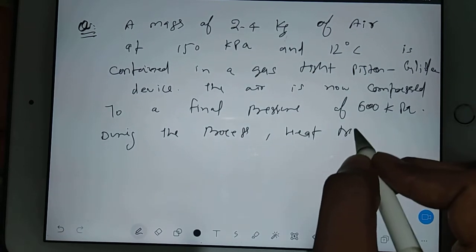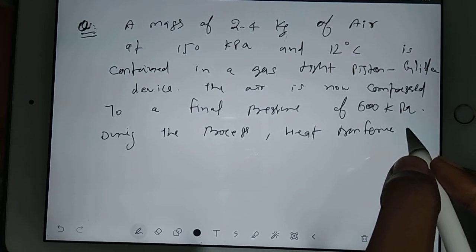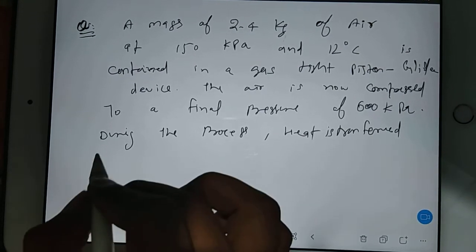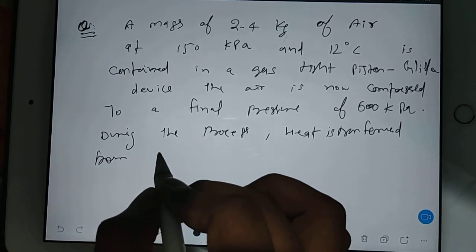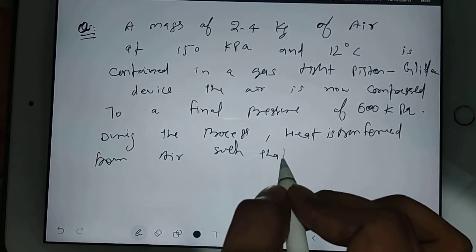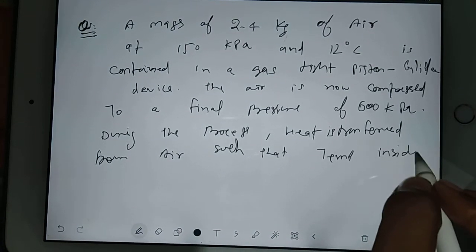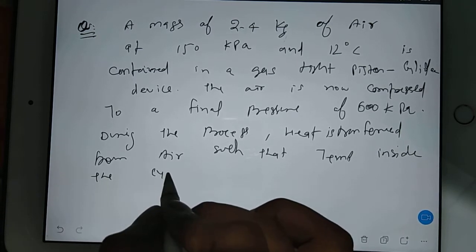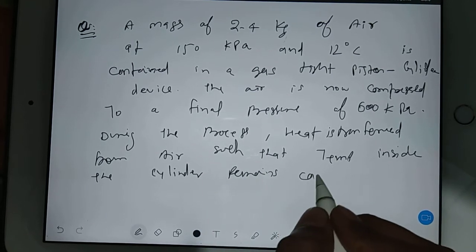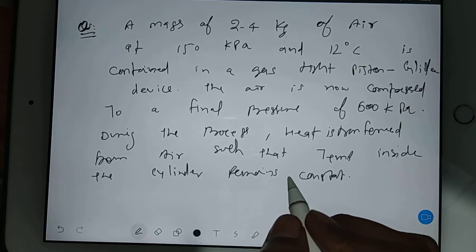During the process, heat is transferred from air such that temperature inside the cylinder remains constant. We have to calculate work done.